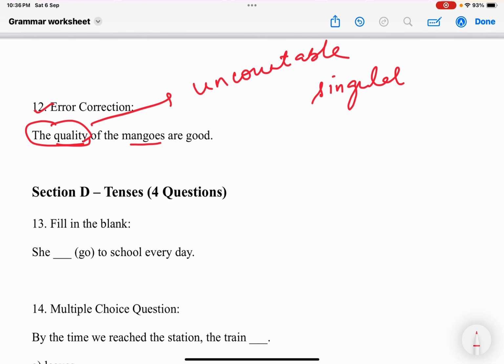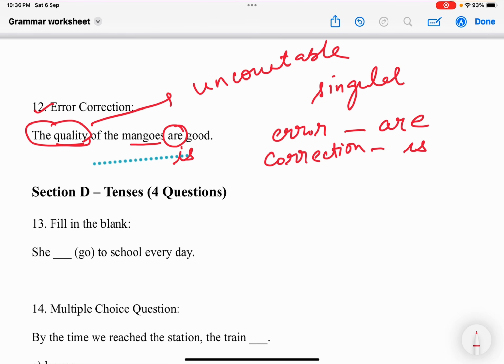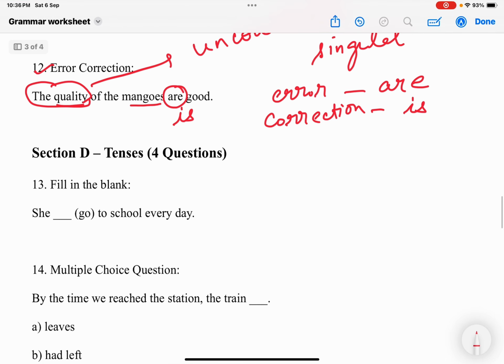So the quality of the mangoes is good. So error, what is the error? The error is are, and correction, what is the correction? Is. Okay, so in this way you are to write down the answer.